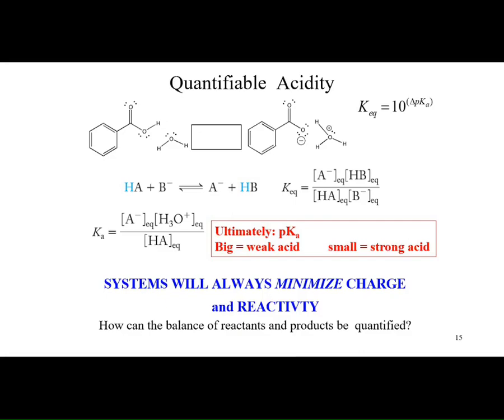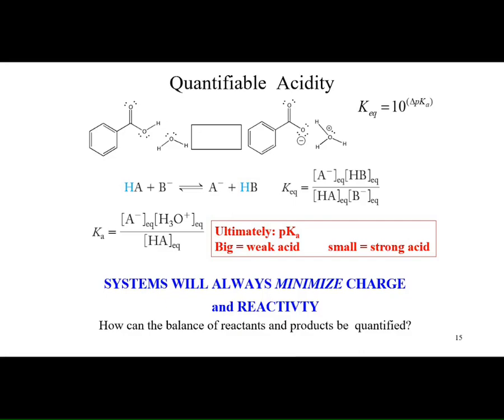Why pKa's and not Ka's? As you should hopefully remember from 152, your Ka's were these big exponential things, 10 to the negative 7th, 10 to the 3rd, big powers of 10. That's confusing to deal with, so we converted to pKa's, negative logs.